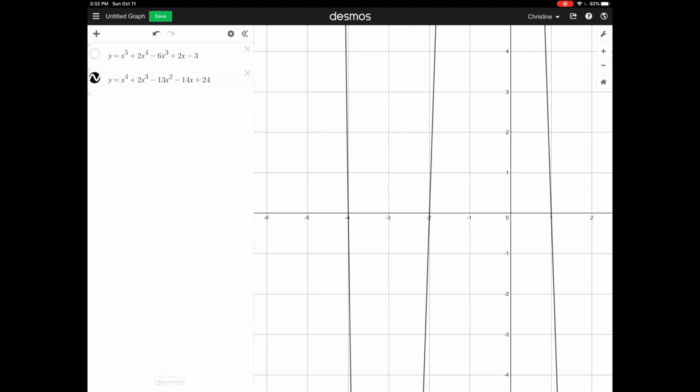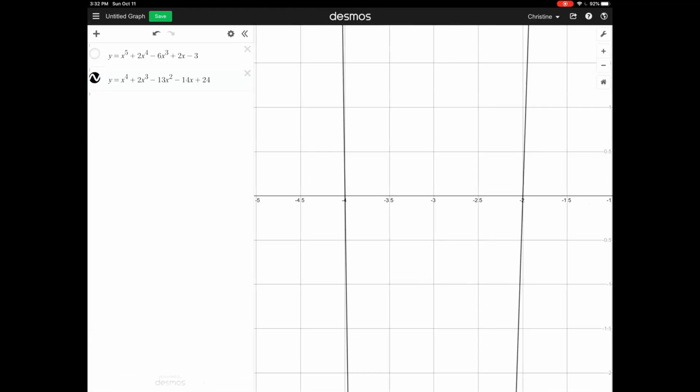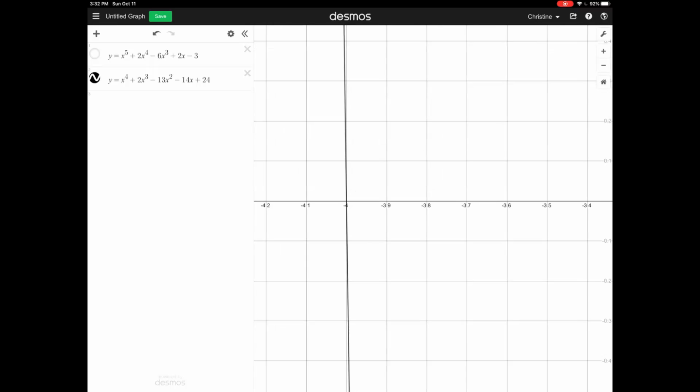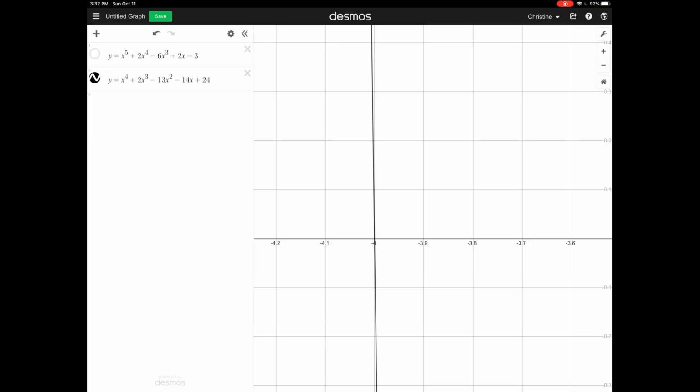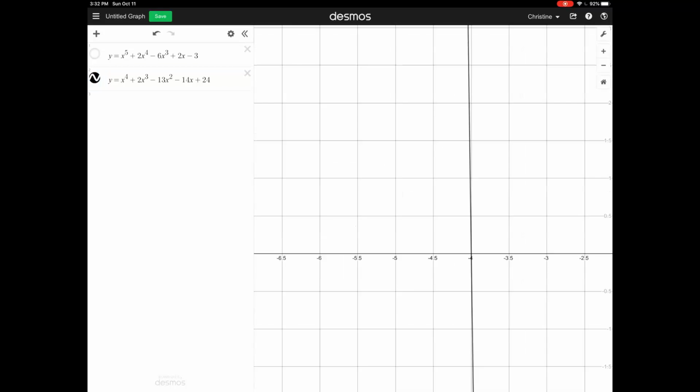All right, so we have to be way over here between negative 4.1 and negative 3.9. There's a 0 at x equals negative 4, which is right between negative 4.1 and negative 3.9.